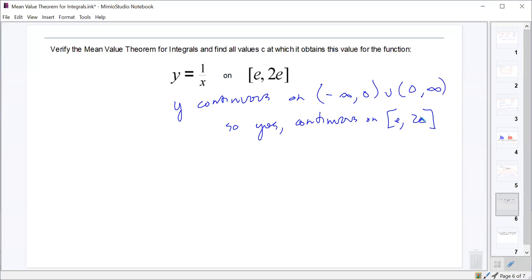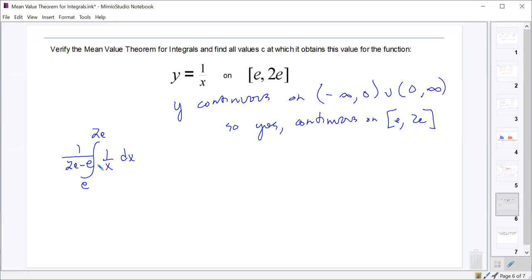And then what? Write our integral. What goes in front of our integral? 1 over 2e minus e. And then the integral from e to 2e of 1 over x dx.